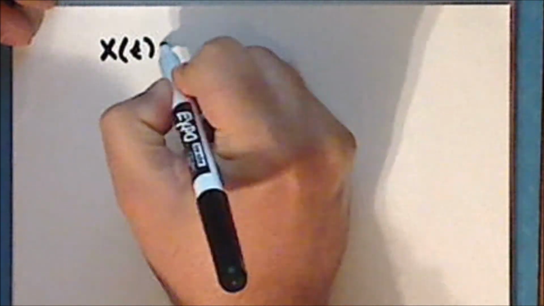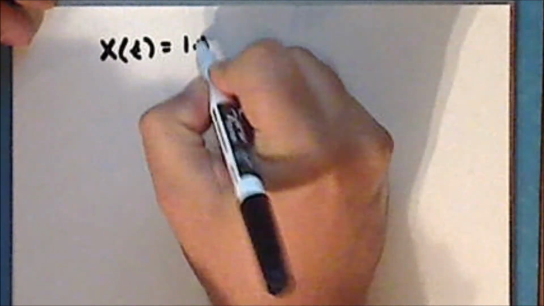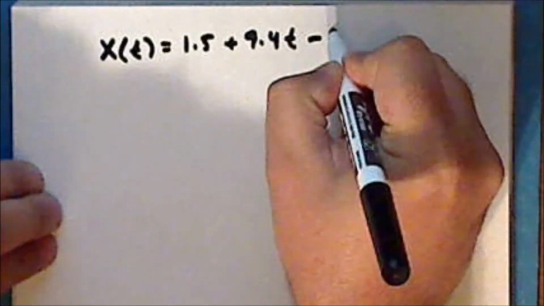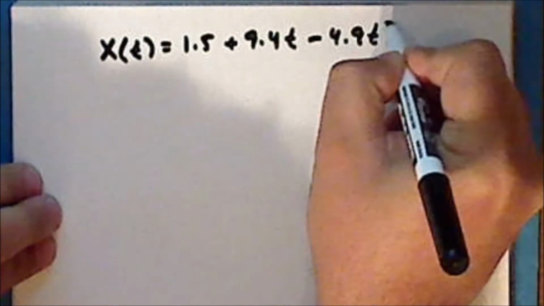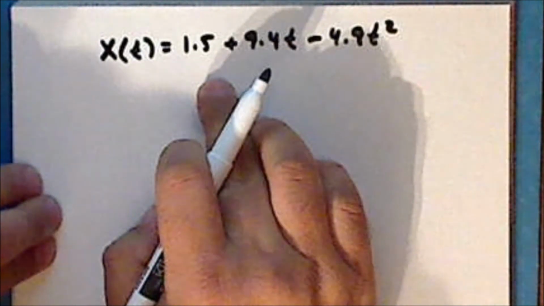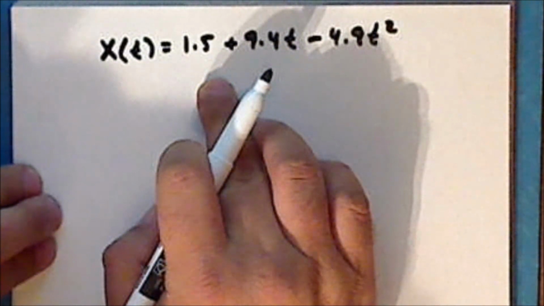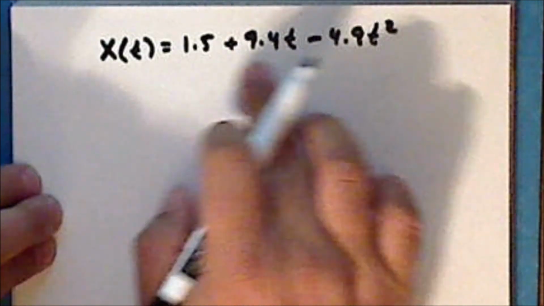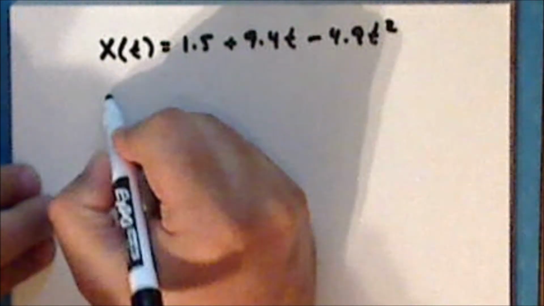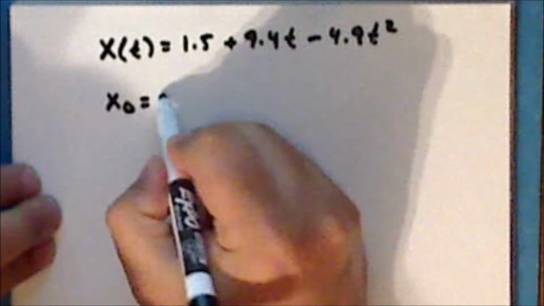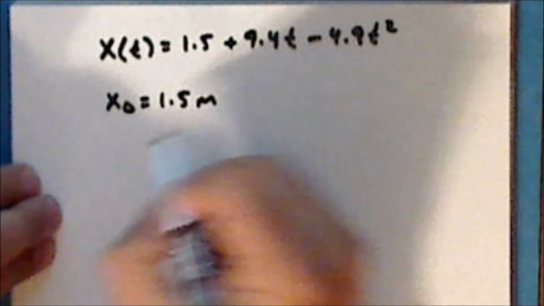We have the position function x of t is equal to 1.5 plus 9.4 times t minus 4.9 times t squared. Notice that this is exactly the same form as our second kinematic equation, and so we can simply read off some values. The initial position is the constant 1.5 meters.